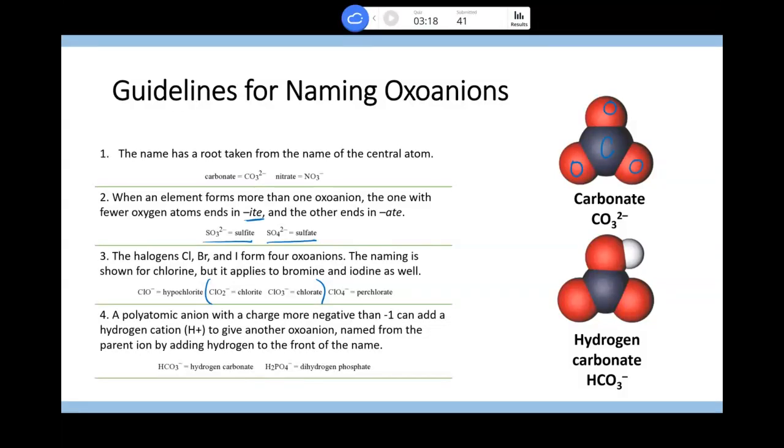ClO3 minus is chlorate, with an added oxygen. If we add another oxygen, ClO4 minus, we have perchlorate, so now we have a prefix to indicate the additional oxygen. And if we remove an oxygen from chlorite, we have ClO minus, hypochlorite.